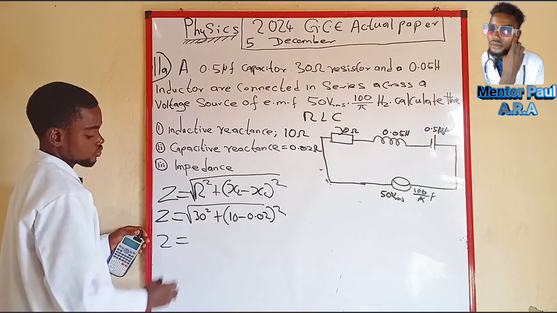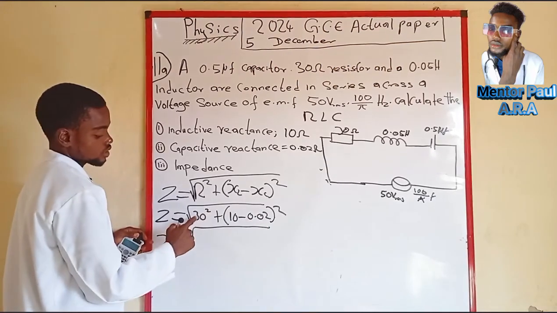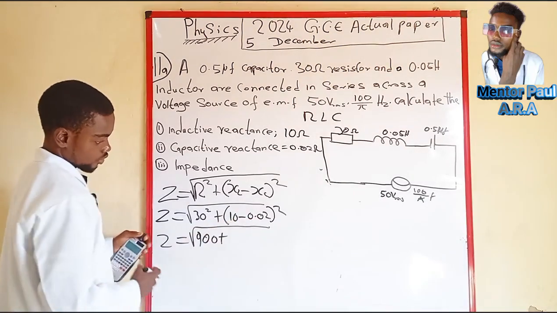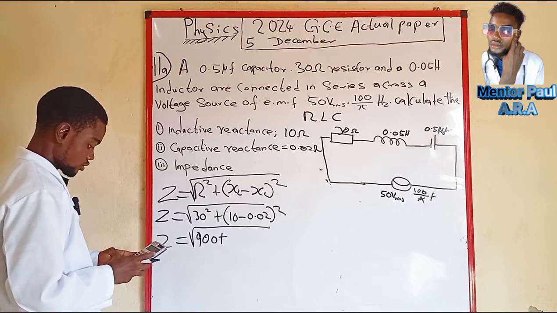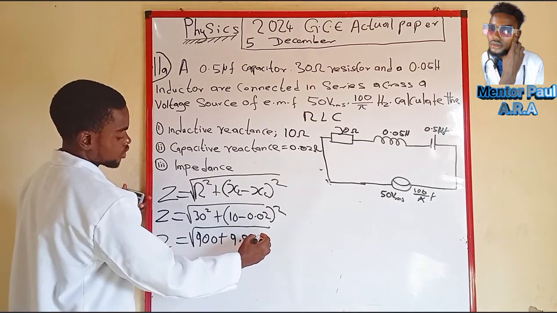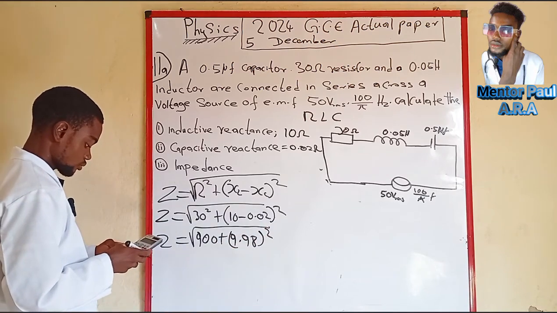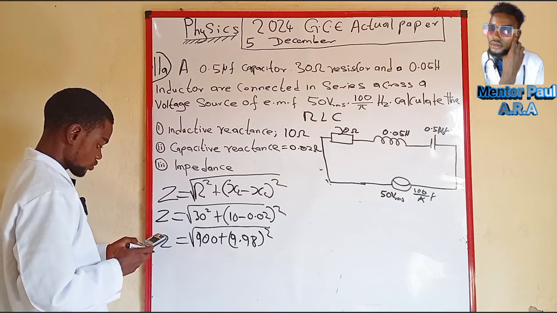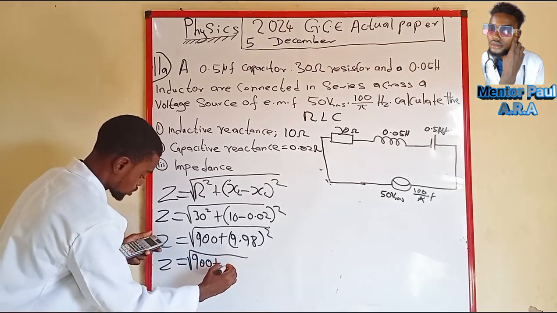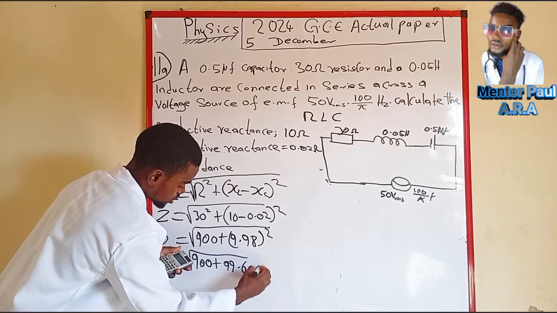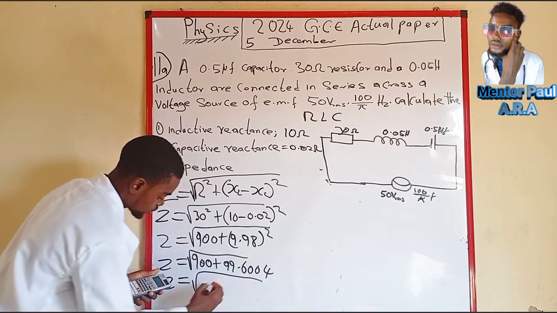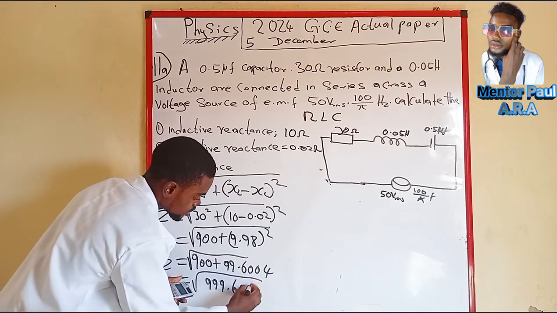So Z equals the root of 30 squared, which is 900, plus the bracket 10 minus 0.02, which gives 9.98, all squared. We square 9.98 and get 99.6004. So Z equals the root of 900 plus 99.6004, which is the root of 999.6004.